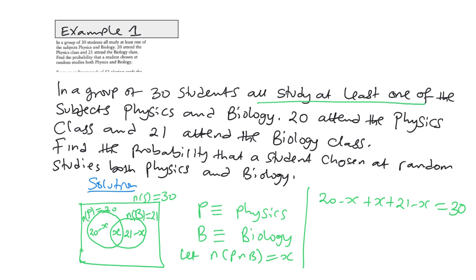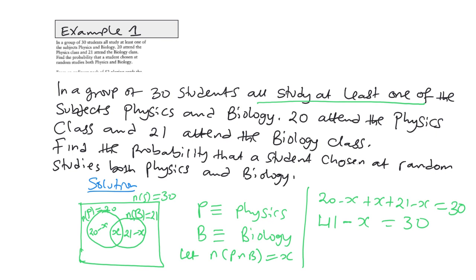So at least one means that we don't have anybody in that class who does not take physics or who does not take biology. So each of the 30 students must study at least one of the subjects. So this is 41 minus x is equal to 30, and x is equal to 11.